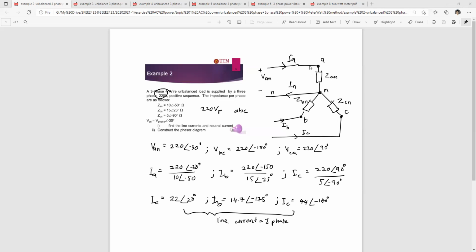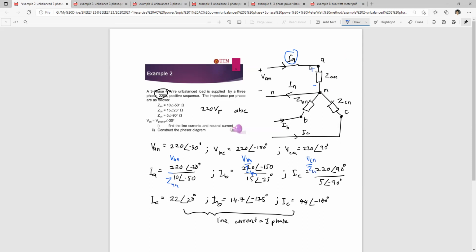Right now, as you can see, we have already obtained VAN, VBN, and VCN. And from that, we know that VAN is the voltage across the impedance ZAN. So we can calculate IA directly. IA is VAN over ZAN, IB is VBN over ZBN, and IC is VCN over ZCN.